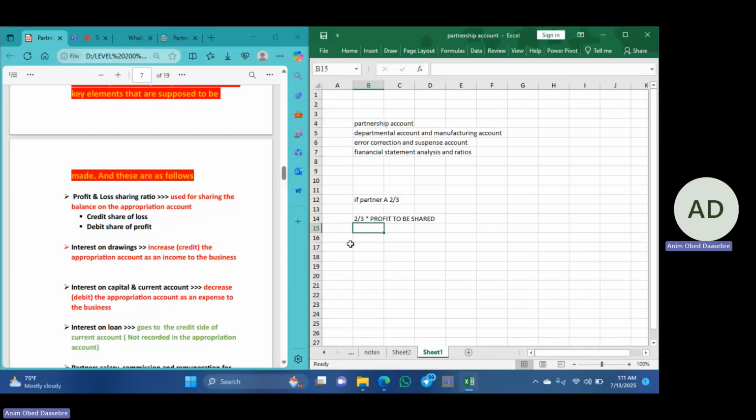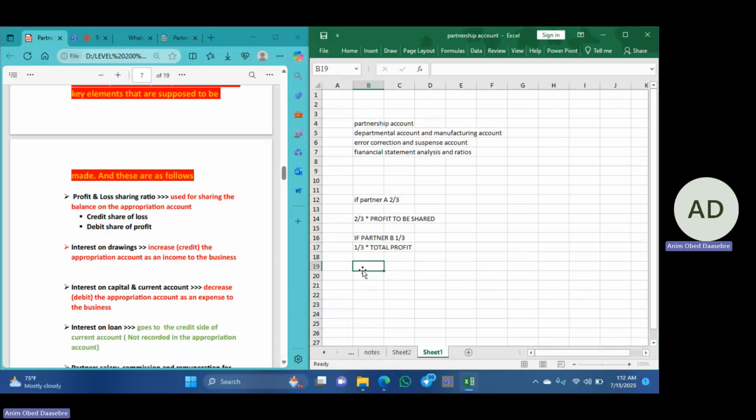And if partner B's share is 1/3, then we are going to share the profit for partner B as 1/3 times the total profit, or profit to be shared.